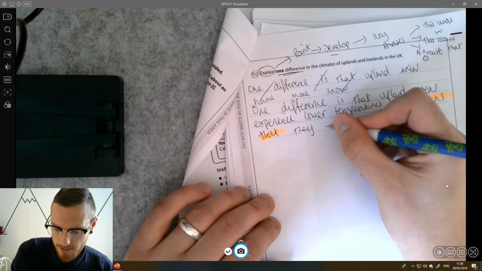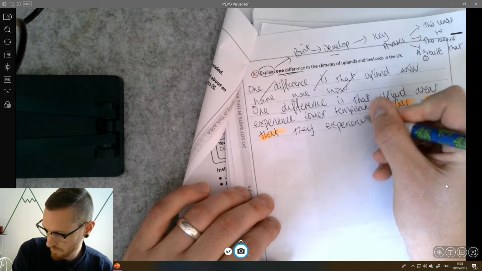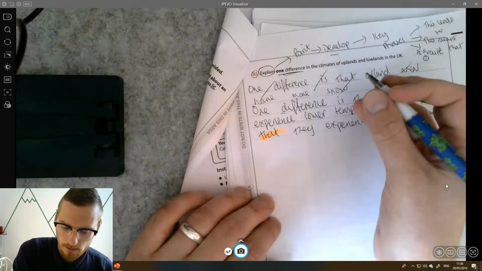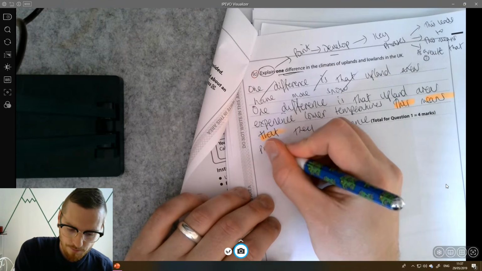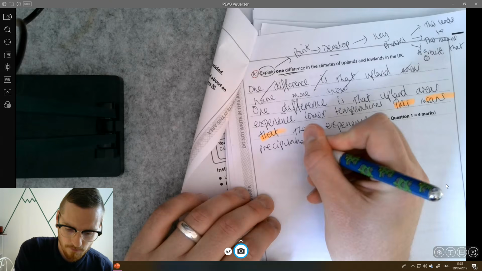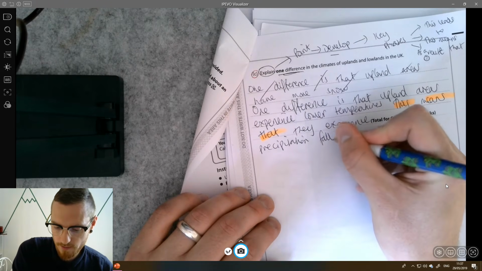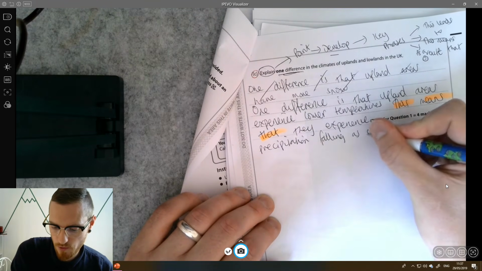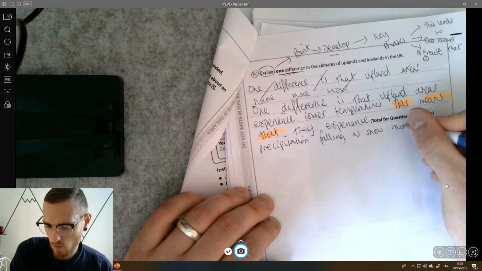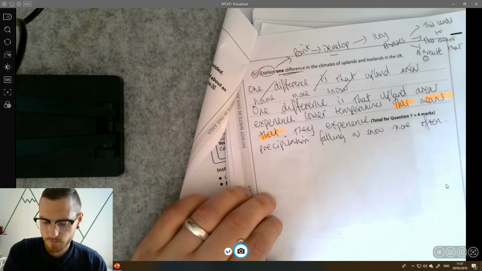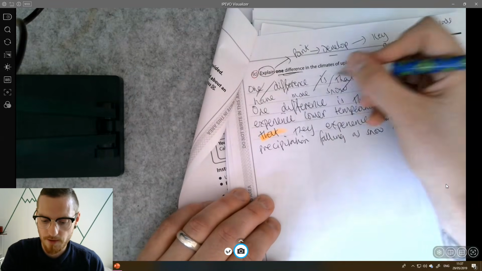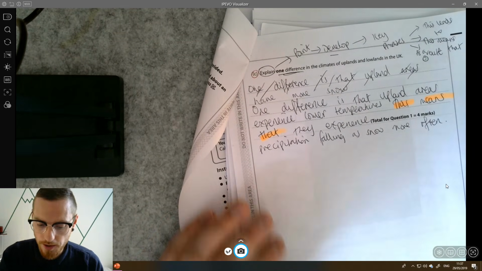They experience precipitation falling as snow more often. I didn't word this very well initially, so I reworded it.